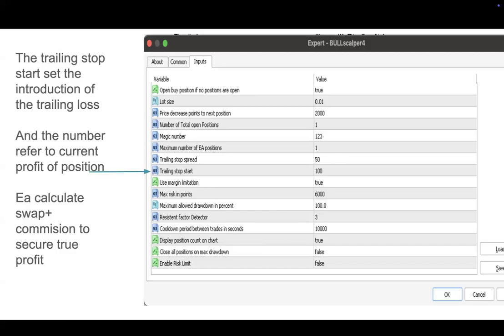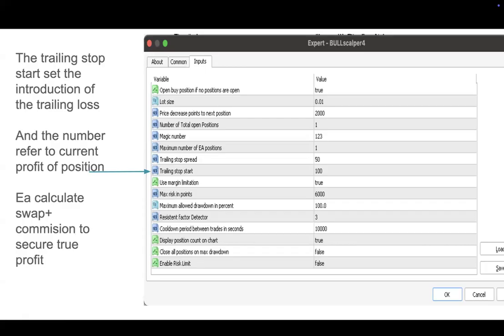The trailing start is when the position is at the set number of profit in points, and the trailing loss starts to appear. And once again, as soon as the trailing stop appears on the map, it will open automatically the next position.